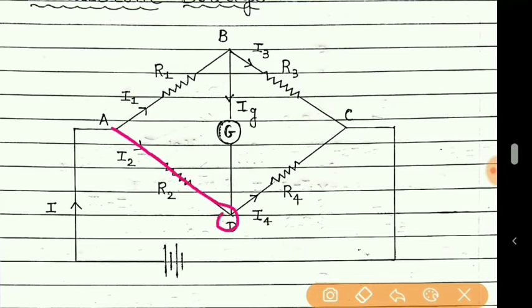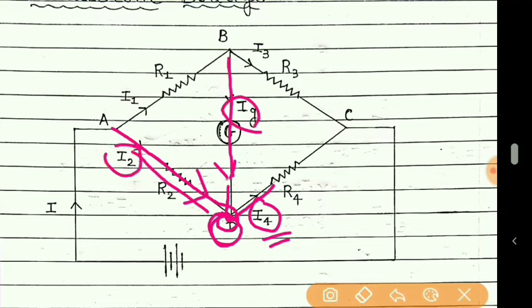At point D, I2 and Ig meet here, and then after meeting, it forms current I4. So again, if we apply Kirchhoff's first rule at this point D, then I4 will be equal to Ig plus I2, because these two currents get mixed up at point D and become I4. So this type of distribution of current is shown here.